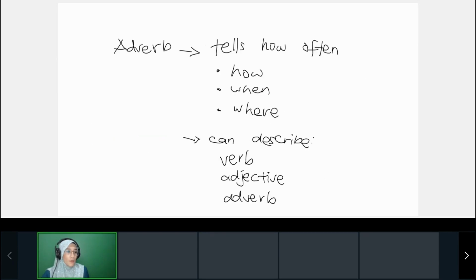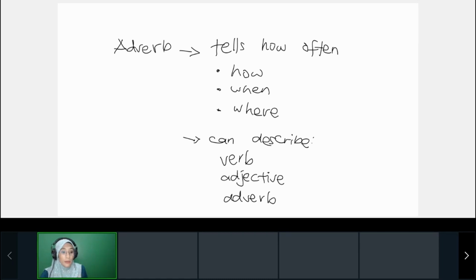So I'm going to move on to the next one now, adverb. Now, adverb actually tells how, when, or where something is. So when we talk about how, it's describing the action.